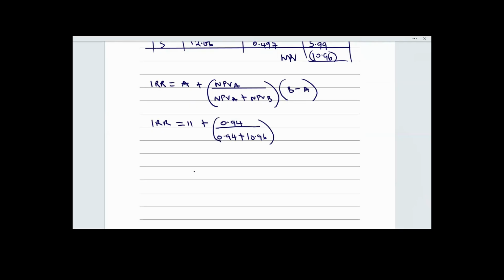Then multiply by higher discount rate of 15 minus lower discount rate of 11.